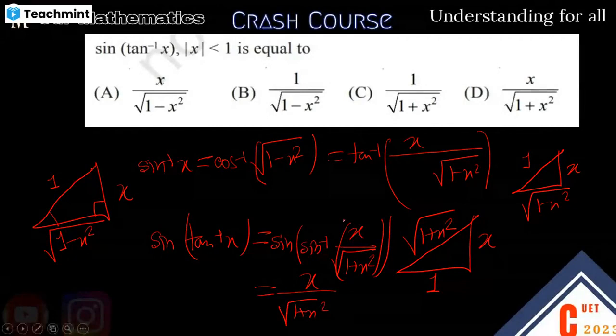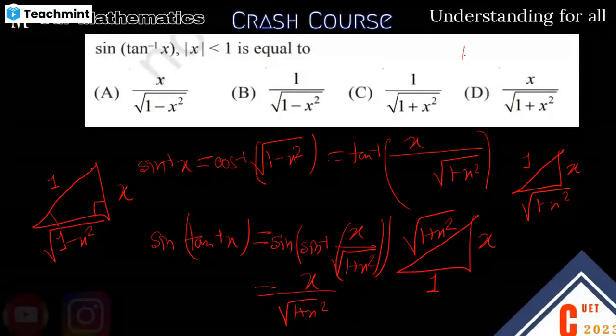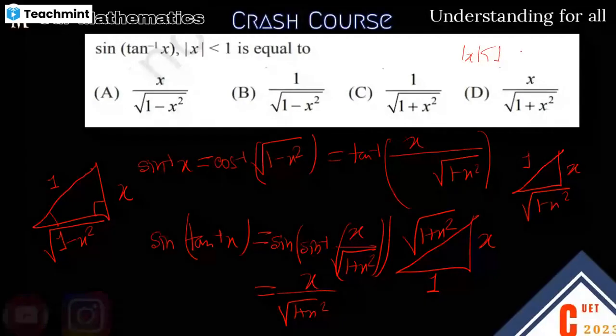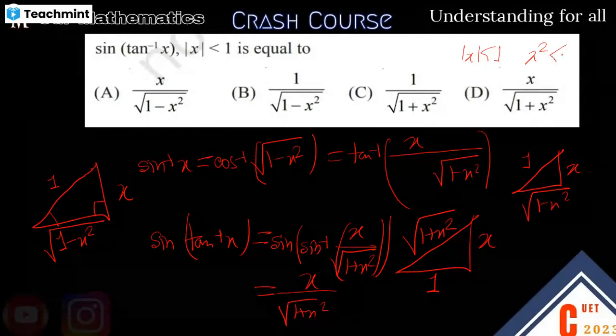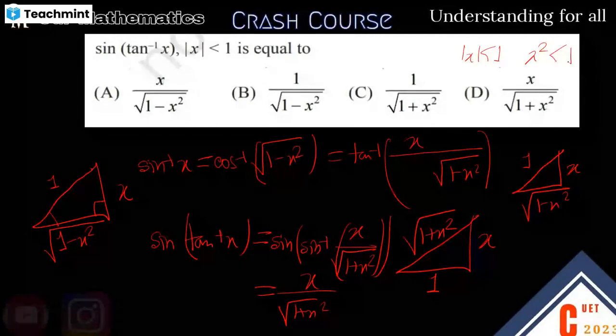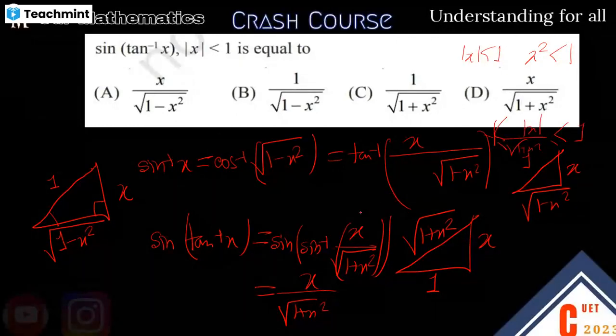Since x is less than 1, that means x square is also less than 1, and x by root over 1 plus x square lies between -1 to 1, right?